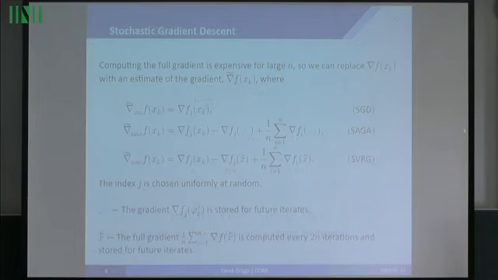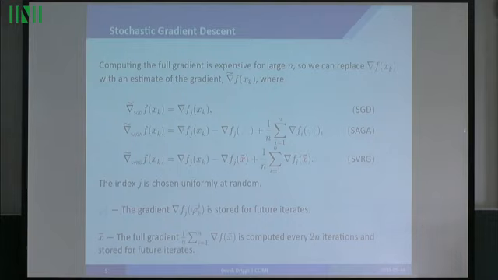Now the problem arises when we have many, many functions. So n becomes large. And in this case, computing the gradient of f is very expensive. So what people do now is choose an index, an f sub j, where this index is chosen uniformly at random. And then we use the gradient of this single function to approximate the gradient of the entire function.